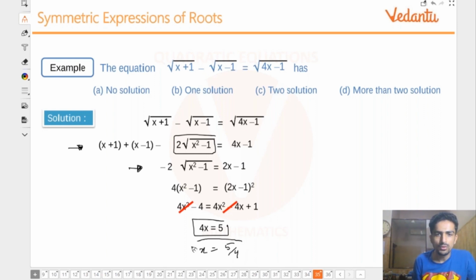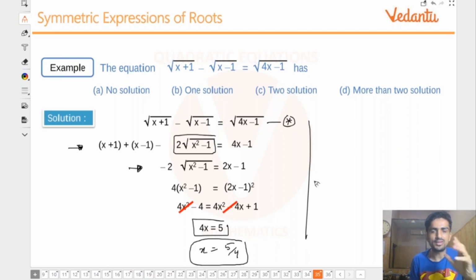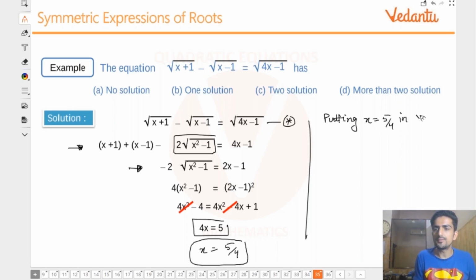Now the problem is, when you put it here, it does not satisfy. Believe me, it will not satisfy. Let me verify it for you. Putting x equal to 5 by 4 in star, what do you get?